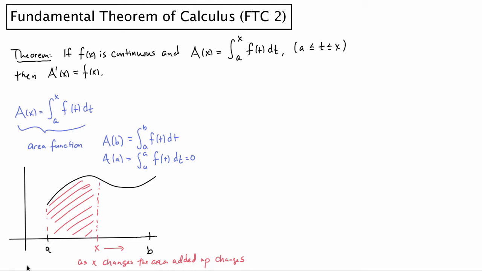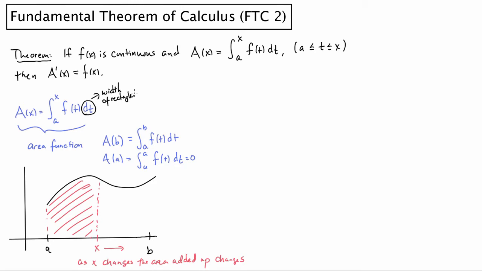Another thing that happened here that may be causing you some problems is, up till now we've had f of x dx in our integral. So what gives? Well, because I'm using x to represent how far out we're going to calculate the area, I can't also use it here. Because remember, this thing right here is the width of the rectangles.